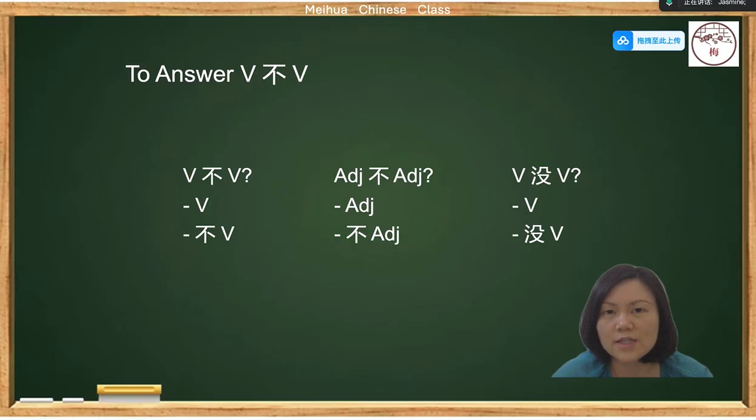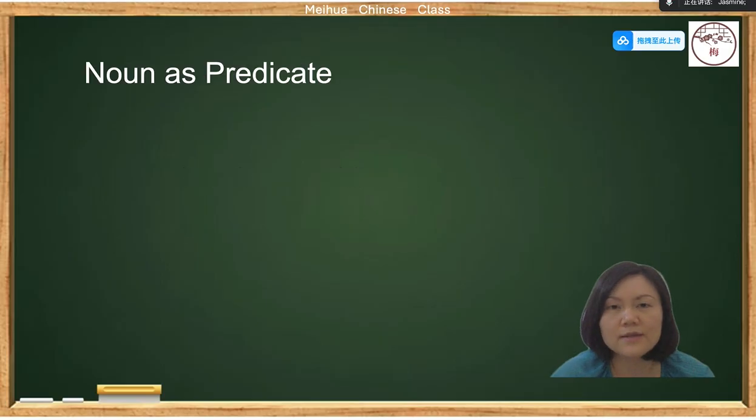So in Chinese, I say 吃了, or if I'm talking about the past situation, I should say 没吃. I should not say 不吃. 不 is for something that is going to happen or not. So for the past, I should use 没.